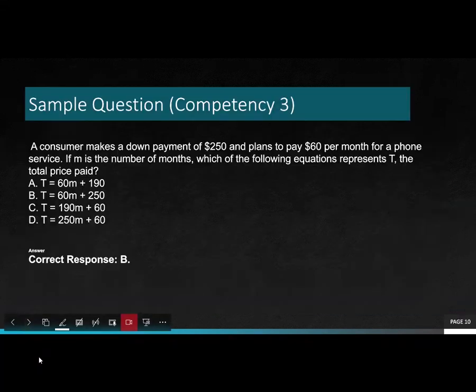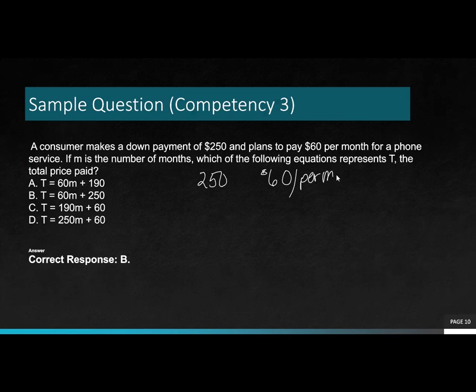All right, so competency 3 is talking about buying a phone, I believe it is. Yes, a phone. And so they're making a down payment of $250, and then each month they're paying $60. So I can work this out as a math problem, or part of this test, the GK test, is about using test strategies.